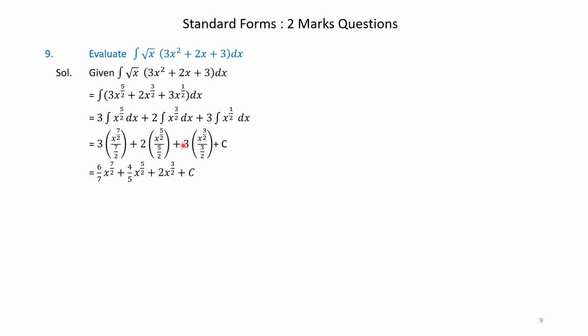This 3 and this 3 get cancelled and 2 remains. Hence 2 into x to the power of 3 by 2 plus c. That is the answer.